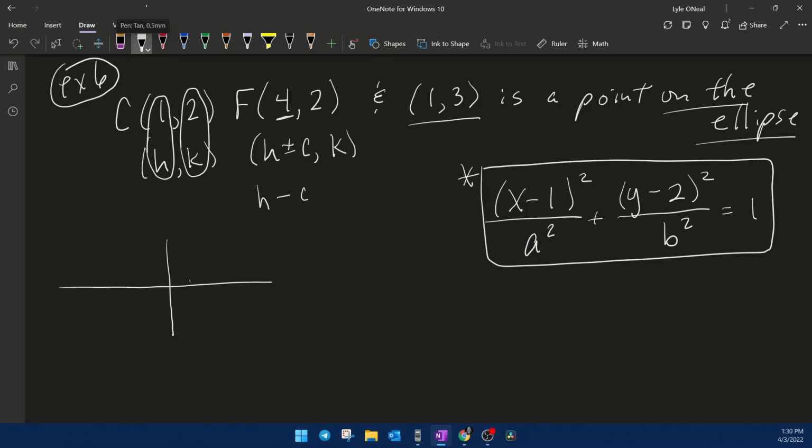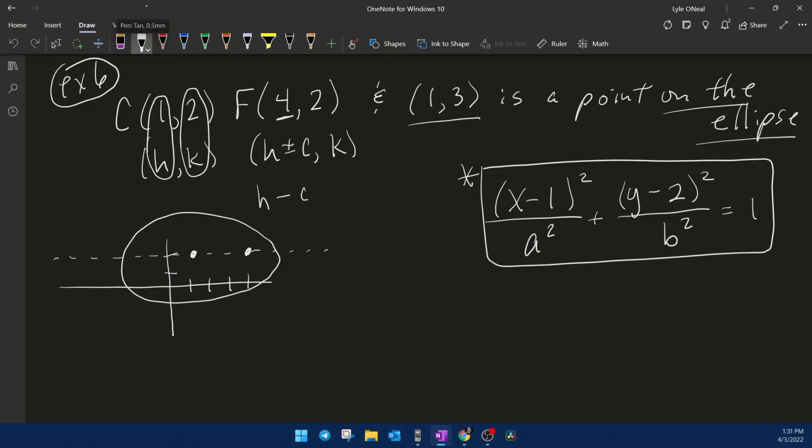I'm going to plot the center, 1, 2, and then I'm going to plot the focus, which is at 4, 2. Now remember that the ellipse has to be centered on the center, and if it has a horizontal major axis, then it's going to do something like this. It's going to have to enclose the center and focus.